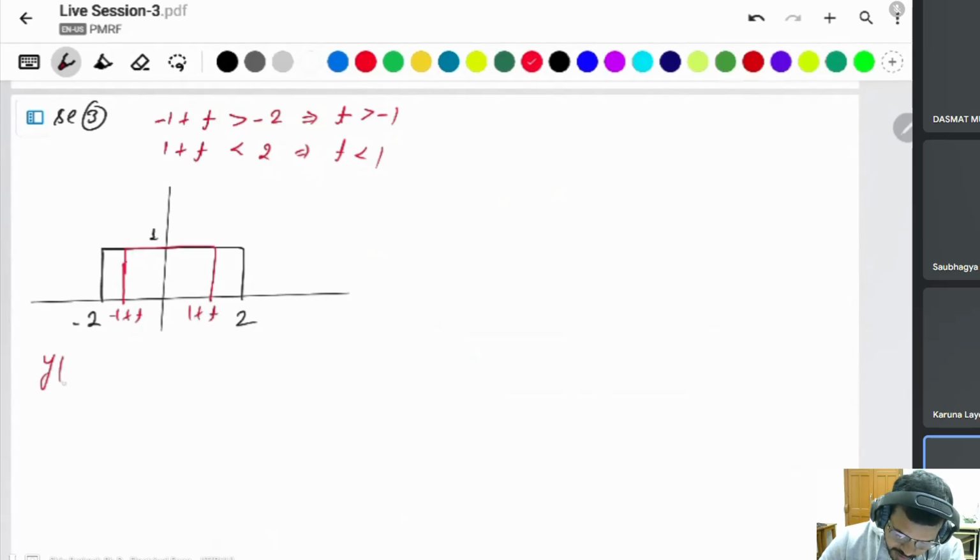Then find y(t). There is an overlap of 1 here from minus 1 plus t to 1 plus t. The area is 1 times 1 times d tau, so it is tau from minus 1 plus t to 1 plus t.